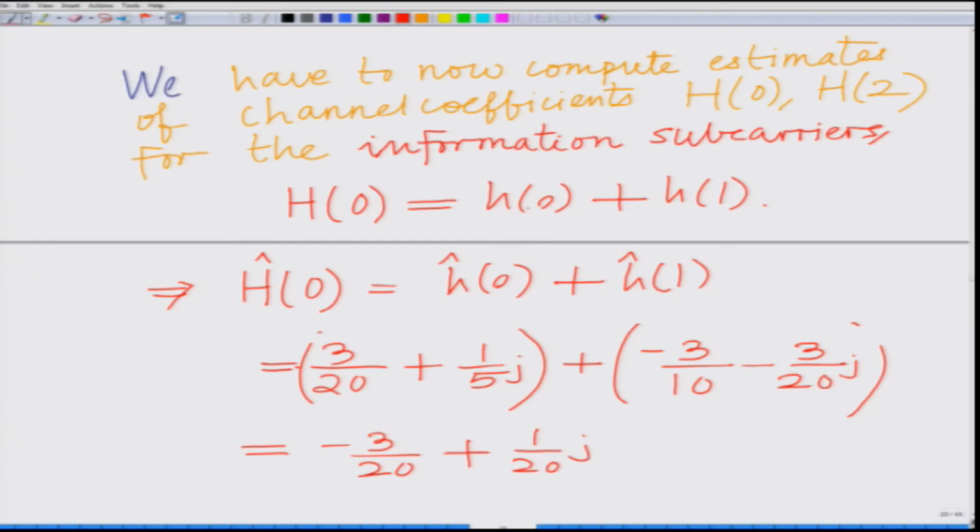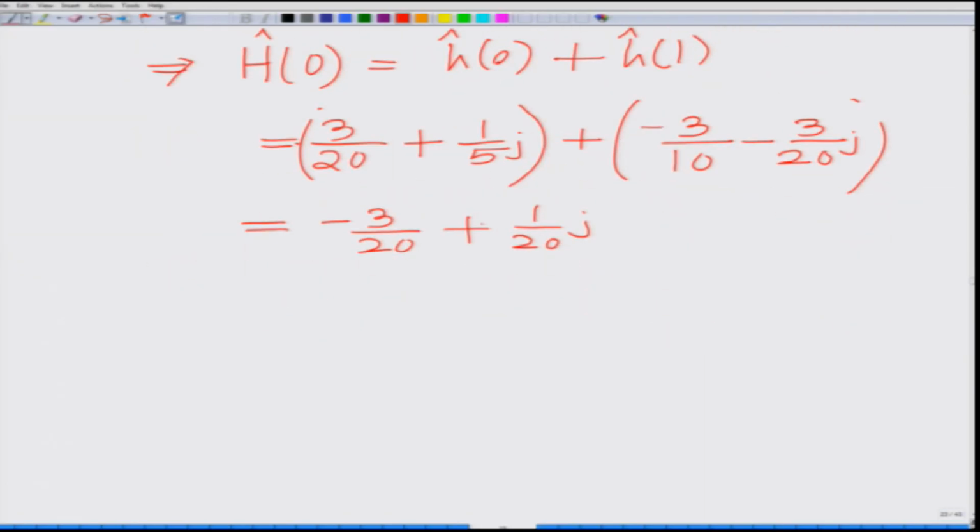plus 1 by 20 j. And similarly, capital H hat 2, corresponding to subcarrier L equal to 2, can be calculated as h hat 0 minus h hat 1.